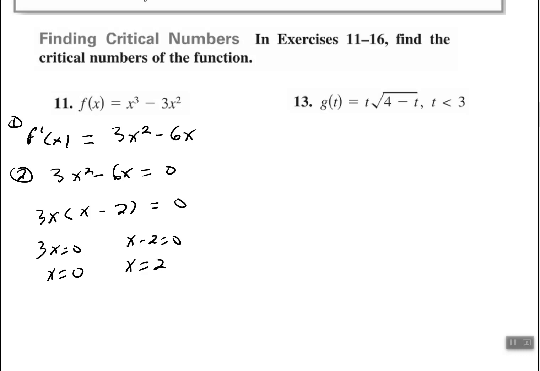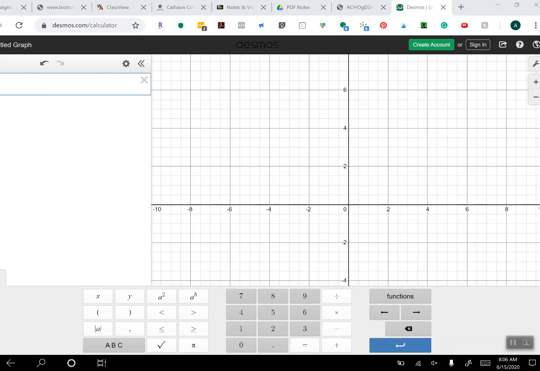So if I were to graph this, let's pause this right quick and just look at the graph. I think it was y equals x to the third minus 3x squared.